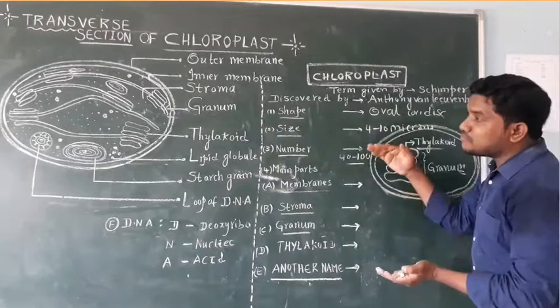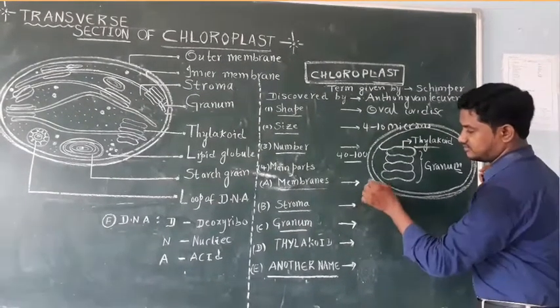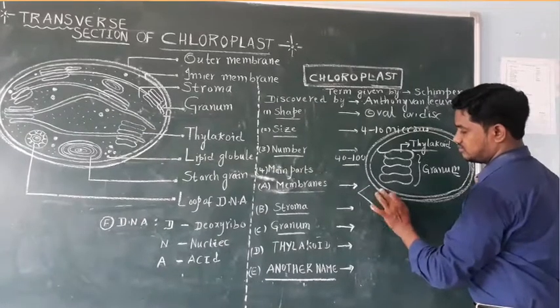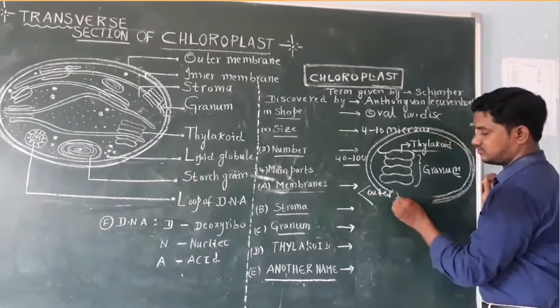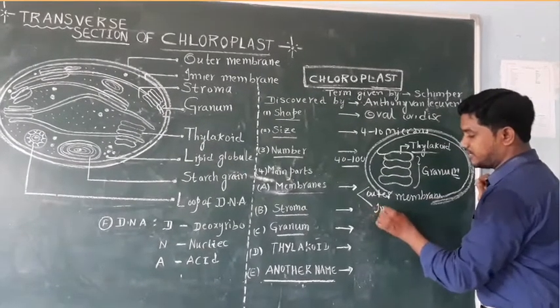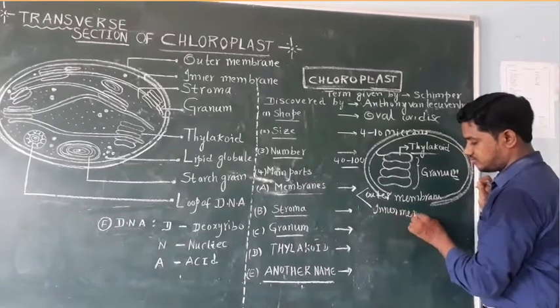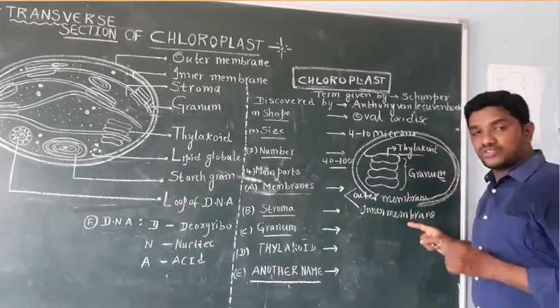Again, what are the main parts present in the chloroplast? Membranes. There are two membranes: outer membrane, inner membrane. Chloroplast is covered with two membranes.